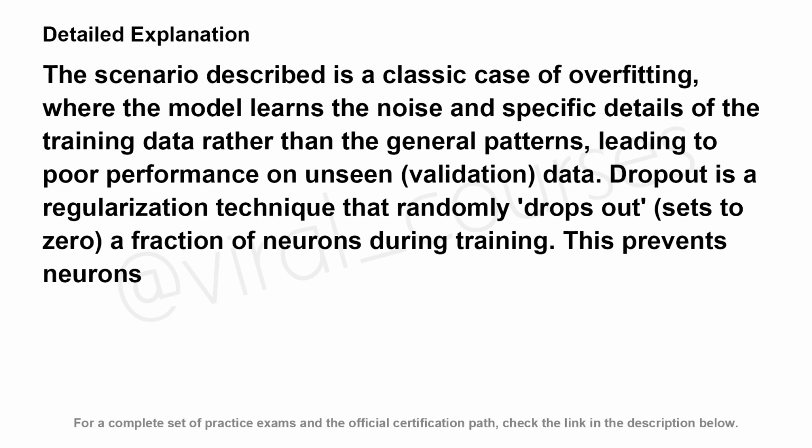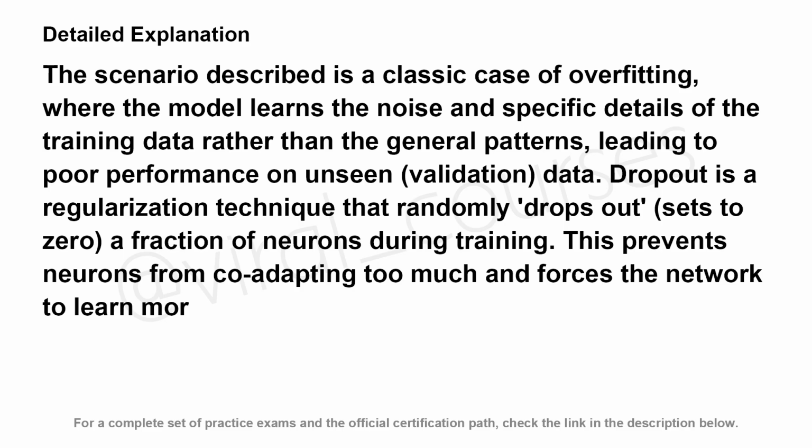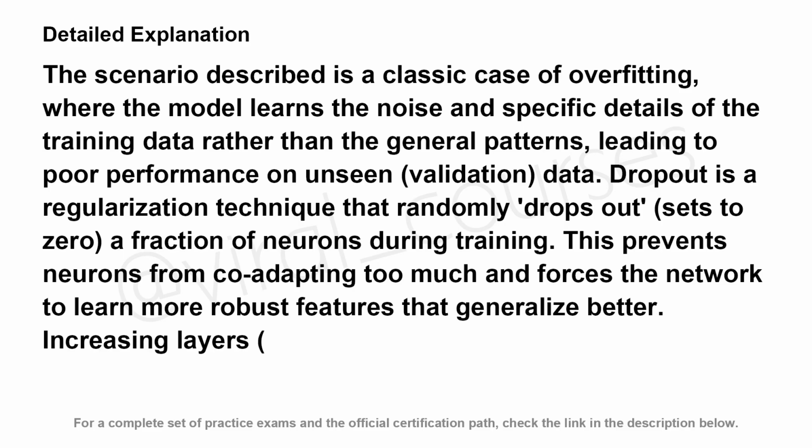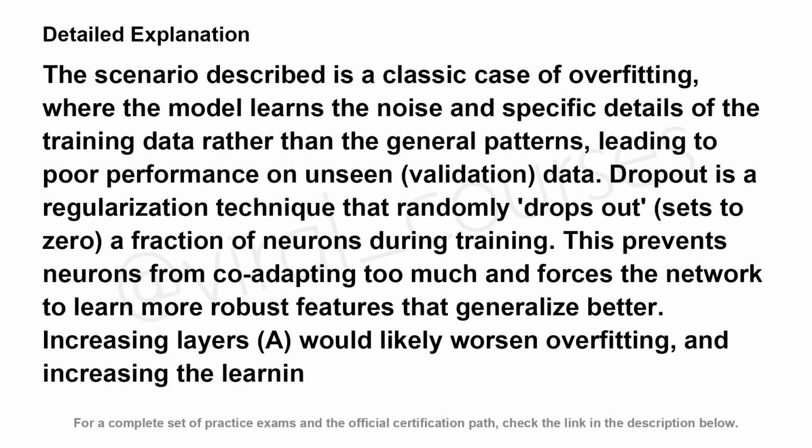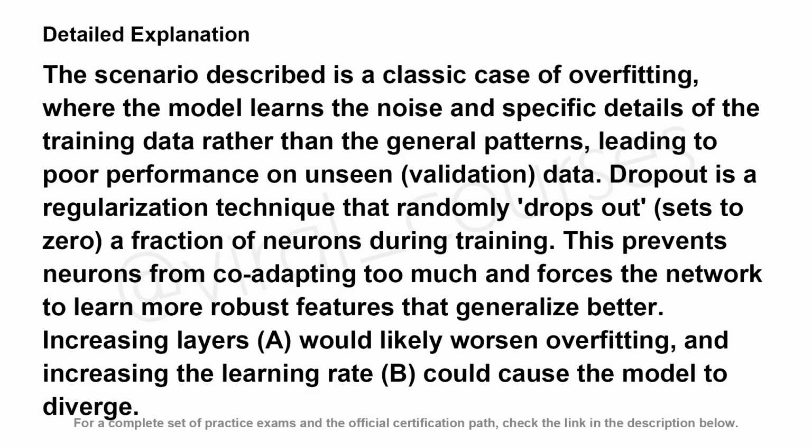This prevents neurons from co-adapting too much and forces the network to learn more robust features that generalize better. Increasing layers, A, would likely worsen overfitting, and increasing the learning rate, B, could cause the model to diverge.